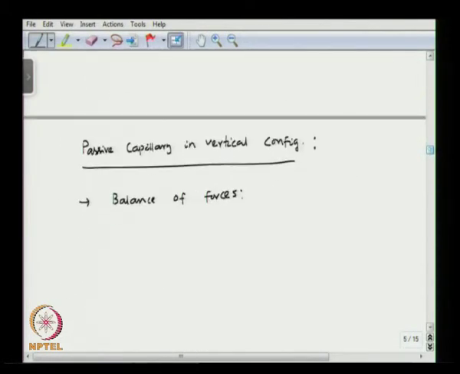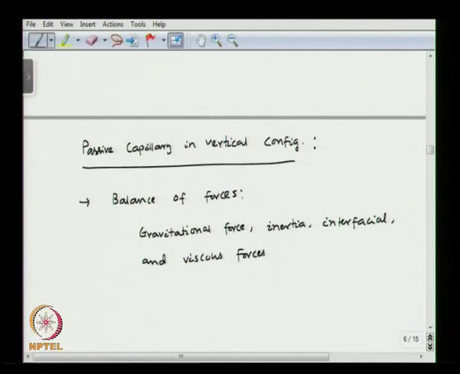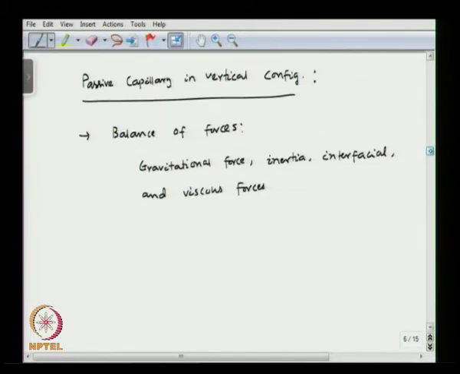So what are the different forces that are acting? We have gravitational force, then we have inertia force, we have interfacial force and viscous forces. So we can write down the expression for these forces.